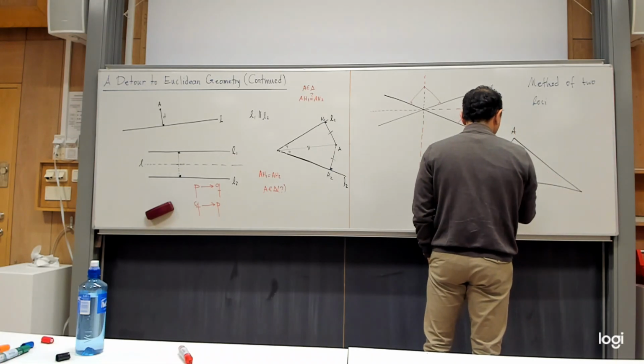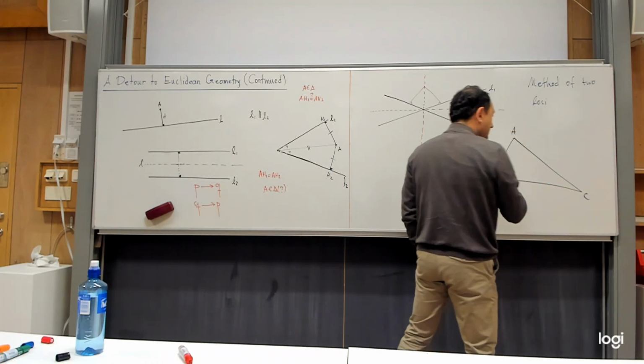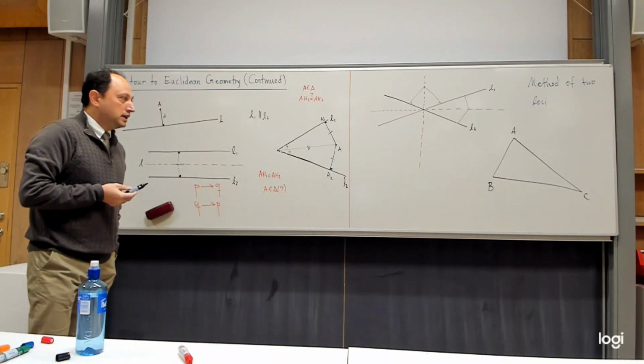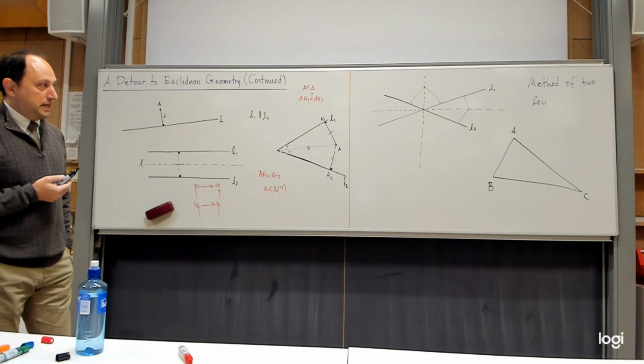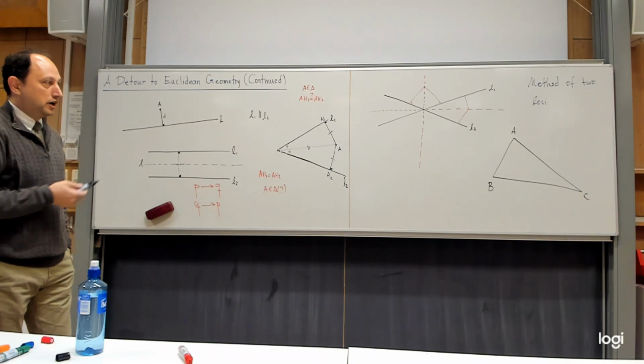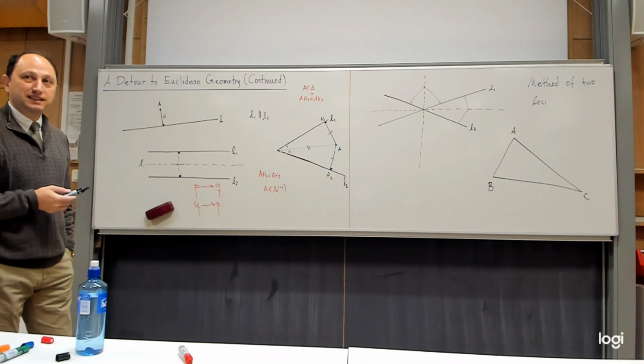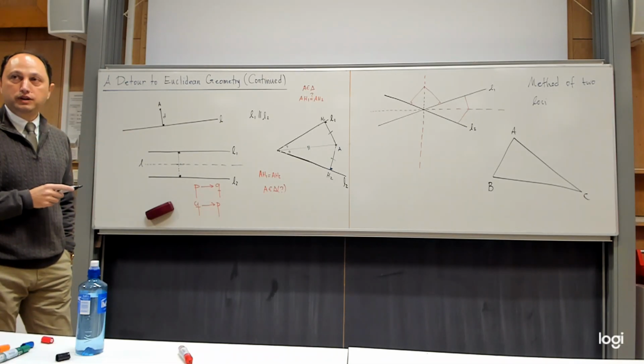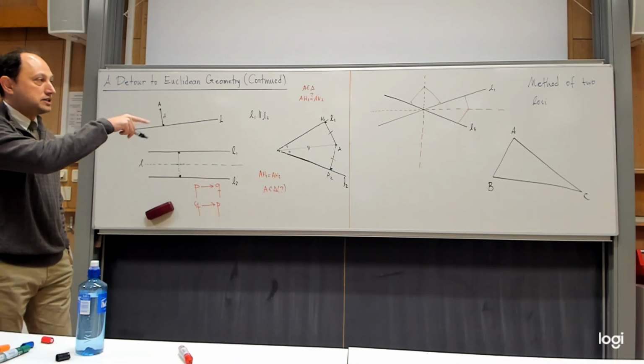And I ask you this question. You see, these are very simple questions, but I think it's really important. I'm asking you, is there any point on the whiteboard which is equidistant from the points B and C and simultaneously equidistant from the sides AB and AC?